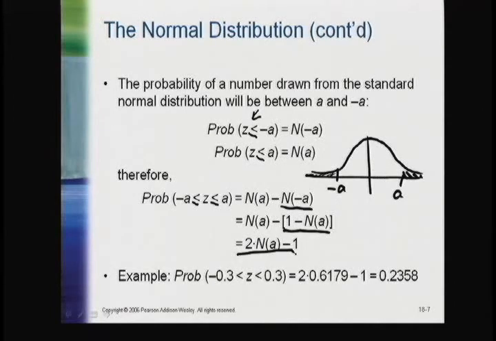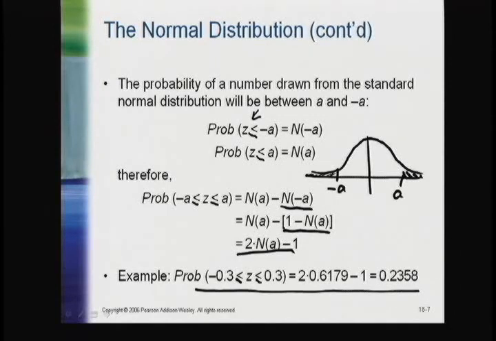And of course, if your probability table goes from 0 to A, you must first add a half to its value before you double it, and then subtract 1. So in this example, we see that looking at the slide earlier, where we already know the probability that Z is less than or equal to 0.3, the probability that Z is in between plus and minus 0.3 is roughly 0.24.